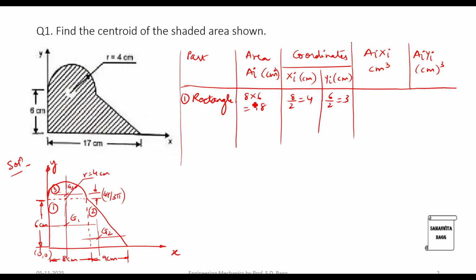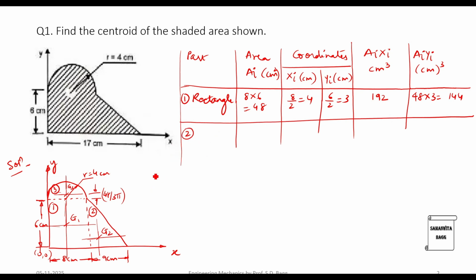Next, Ai into xi, that is 48 into 4. This comes up to 192, and Ai yi is the multiplication of this into this term, 48 into 3. If you want to write down, this is 144. So this is for the first standard shape that we have found.